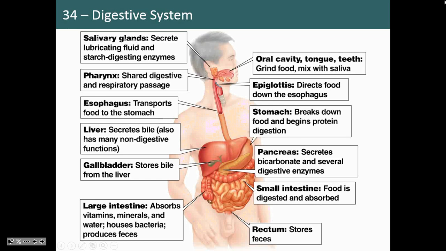So all that's happening in the mouth instead of in a specialized organ. But the rest is the same. We have the acid vat in the stomach. We have pH change back to neutral as we move into the intestine. Food is digested and absorbed in the small intestine, water reclamation in the large intestine, and undigested material is passed out.